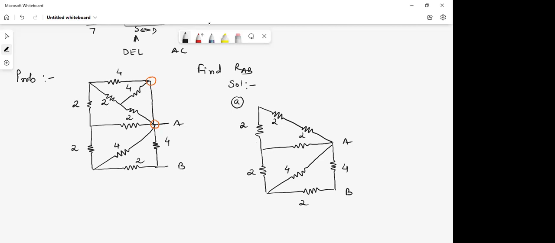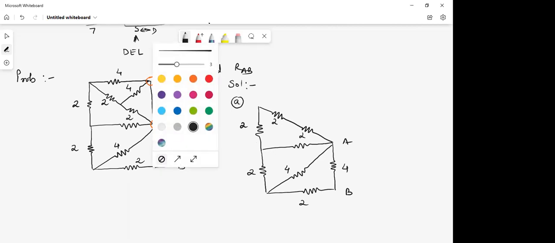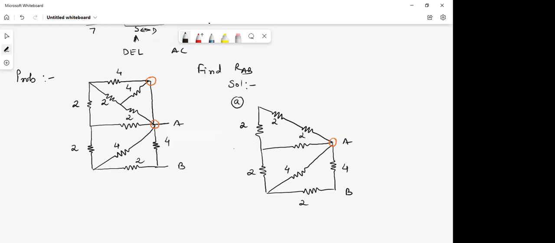And see, these 2 points which are merged, I will bring them together, that is over here. And hence I will have my circuit modified like this.